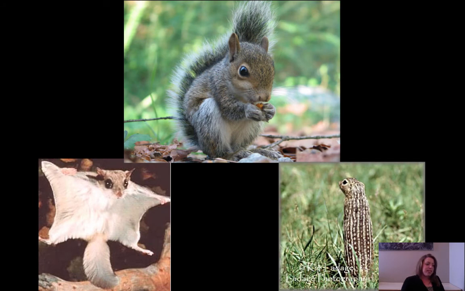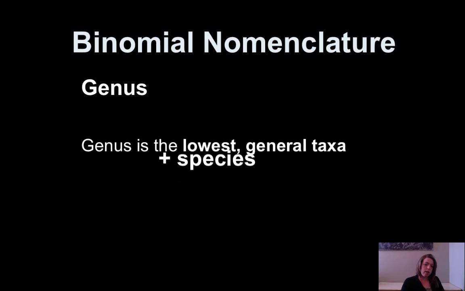So what we see is that Linnaeus came up with what's called binomial nomenclature. And binomial means bi for two, nomial for name, two-part name to name the organism. Right? This two-part name is unique to every different species. And there's 2 parts to it. The first part is the genus, which is the lowest general taxa level. And we also get the species.